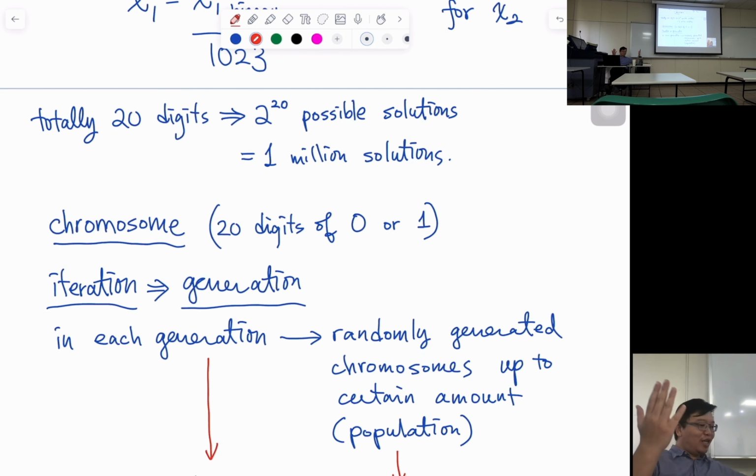Every chromosome is composed of 20 zeros and ones, right? So the good ones are basically a combination of 0s and 1s, the 20 digits. If it's good, maybe it's because some part of the chromosome is already the same as the true solution. So they want to keep it because this chromosome has a greater opportunity to become even better.